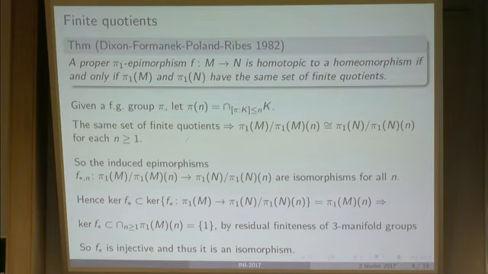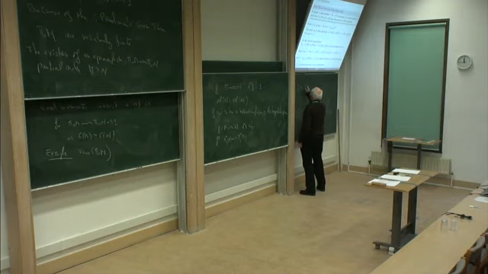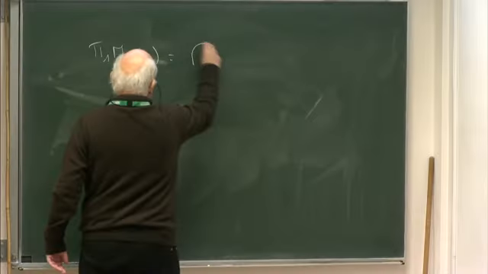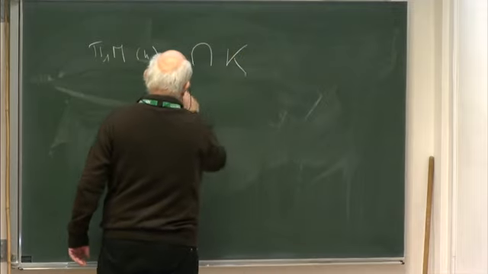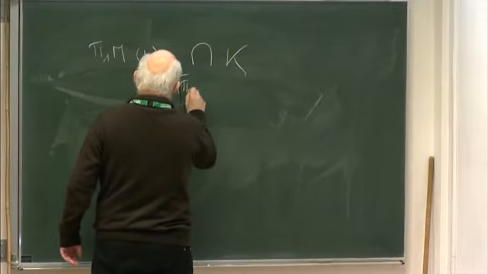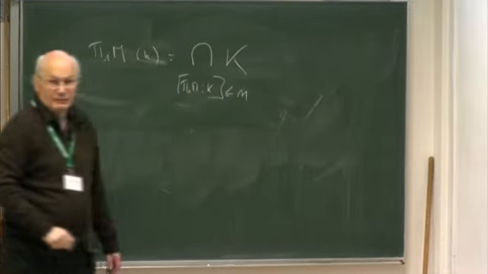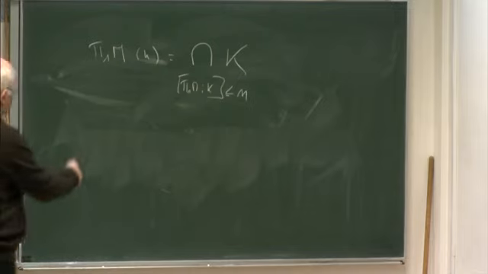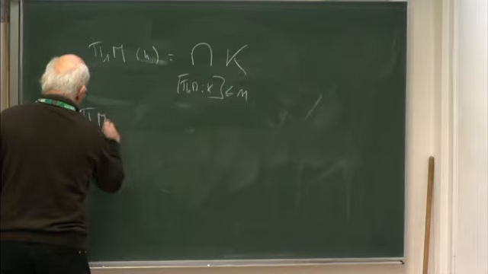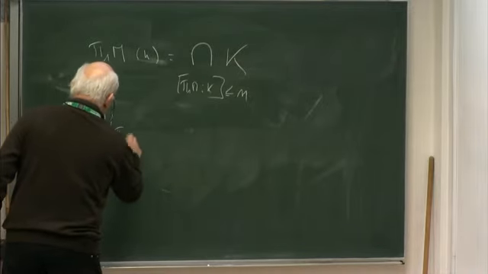The key point here is that when you have the finite quotients, you have some preferred finite quotient. So you have your group, and you can look at the characteristic subgroup, which is the intersection of all the finite index subgroups of index at most n. This quotient is characteristic.